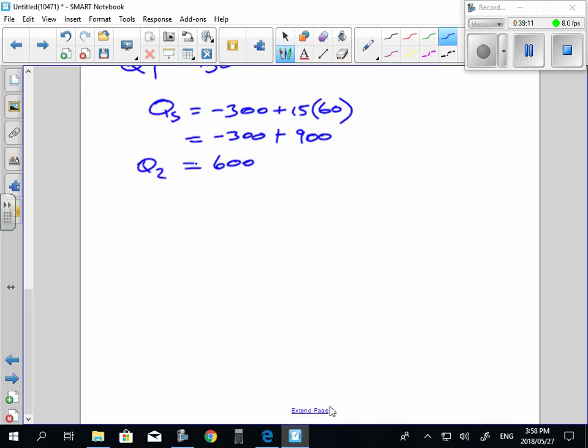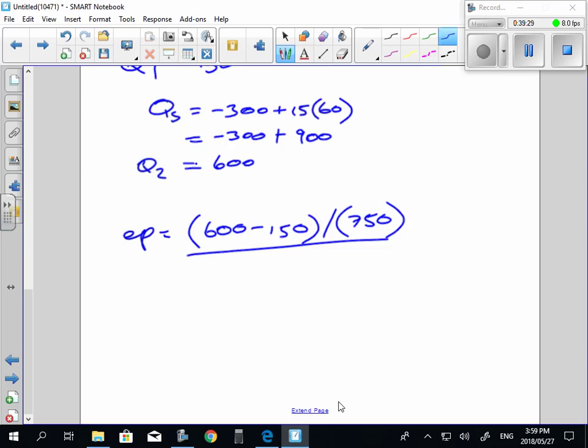Substitute them into your arc elasticity. So Q2 was 600 minus Q1, which was 150, divided by 750. Both of them together. P2 was 60 minus 30, all divided by 90.